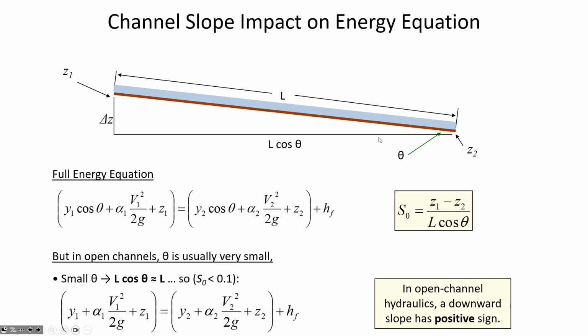But in open channel flow, the water only flows uphill very briefly and on rare occasions. Maybe a water park could have some sort of ride where the water's going uphill, and it's doing that because there's a really high velocity that's decreasing gradually. But here, we're just going to get in the habit of expressing slope with a positive sign, and then we'll understand that the water's flowing downhill.